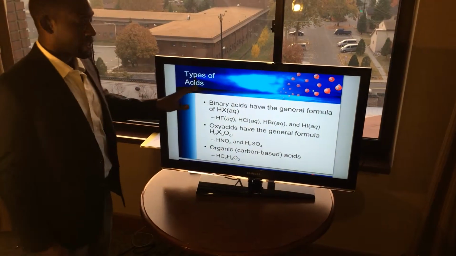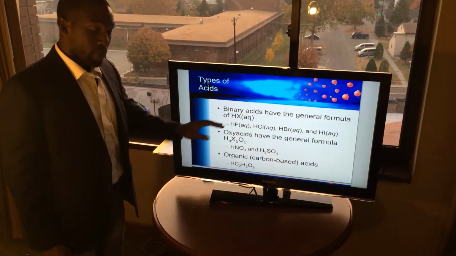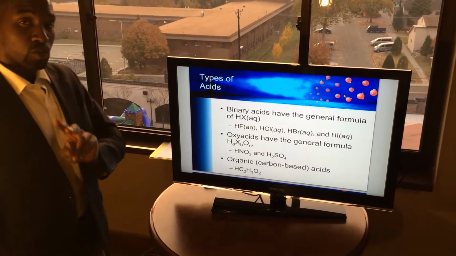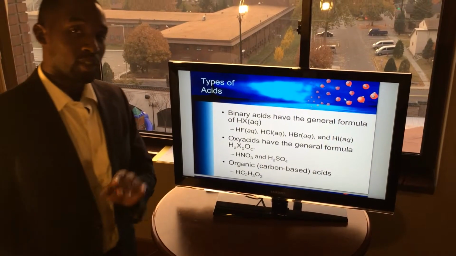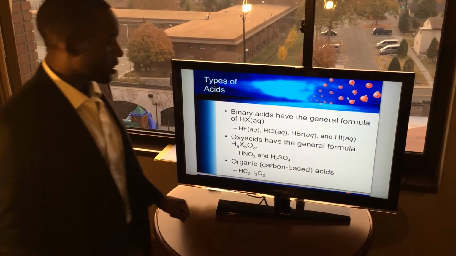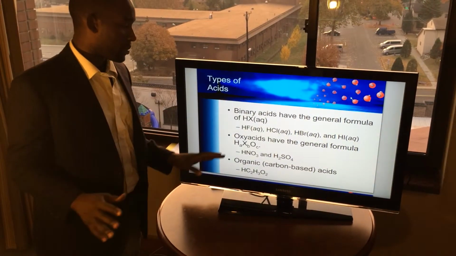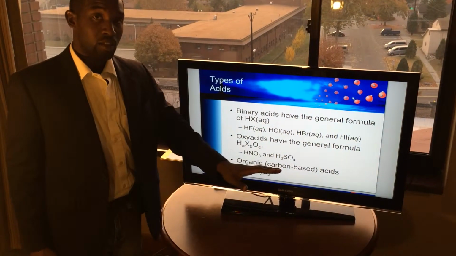Let us discuss now the types of acids. You have binary acids. Binary, again, just referring to two elemental symbols in the chemical formula. Binary acids have the general formula of HX, okay? Now, the X can be pretty much any halogen.